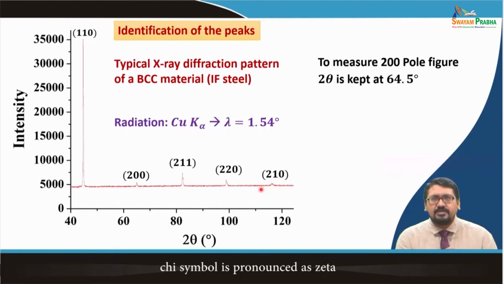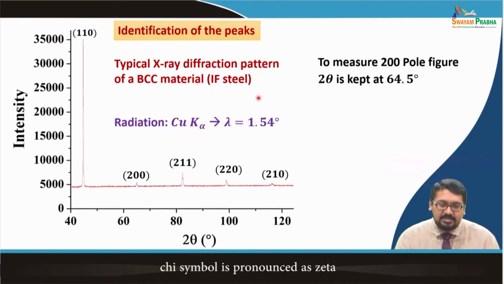When we use characteristic X-rays incident on a certain metal or alloy, we can get these kinds of characteristic peaks, which are characteristic of this particular material. Here is a typical X-ray diffraction pattern of a BCC material. Basically, this is the interstitial free steel, which we showed in the earlier lecture also.